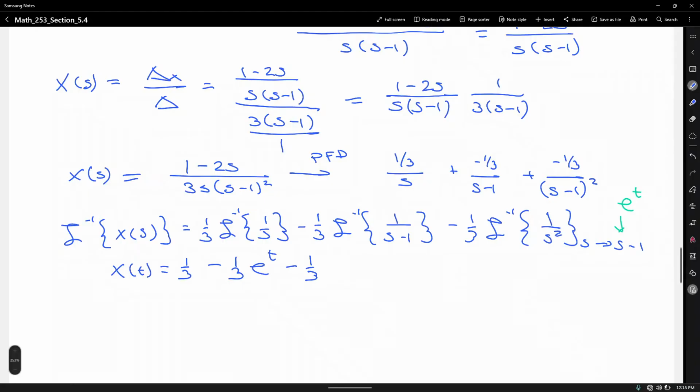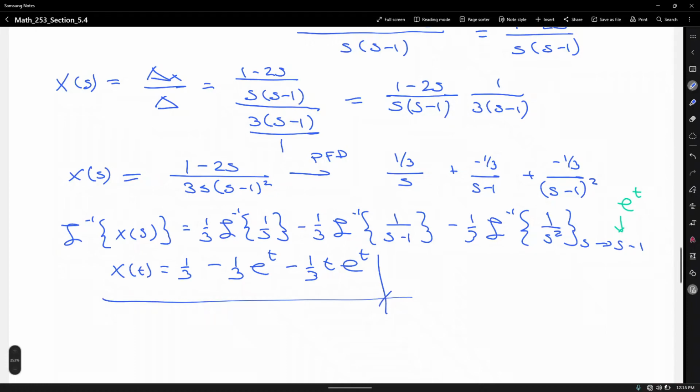Oh, actually, this is a squared one, right? Because of the square right here. Forgot that square. And that'll be the inverse of 1 over s squared, which is t. But because of the shifting, it gets multiplied by e to the t. All right. And that is the x solution.